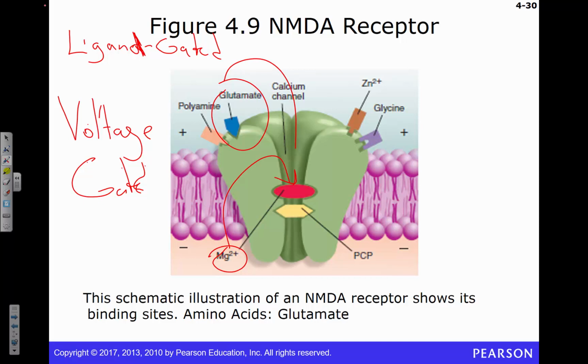The calcium's not going to come in. To get rid of the magnesium, we have to change the internal potential, the membrane potential. We have to get that high enough to dislodge that magnesium. So it's a two-step process. We'll talk a lot about NMDA receptors and this voltage-gated and ligand-gated business when we talk about learning and memory, whatever chapter that is. So get excited about that one.